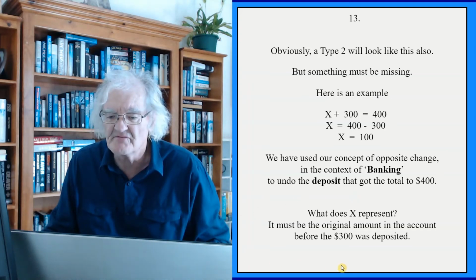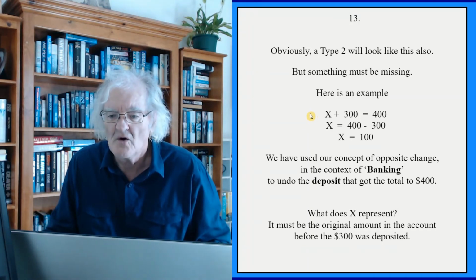It must be the original amount in the account before the $300 was deposited. But there's nothing in the equation that uses amount of dollars or the concept of a deposit. The processing can apply when we simply strip the relationship down to its basics.